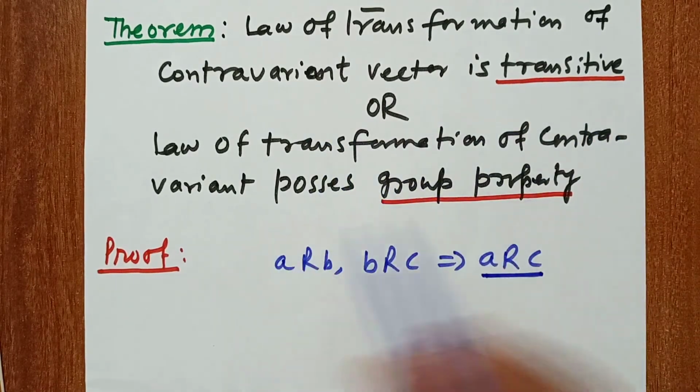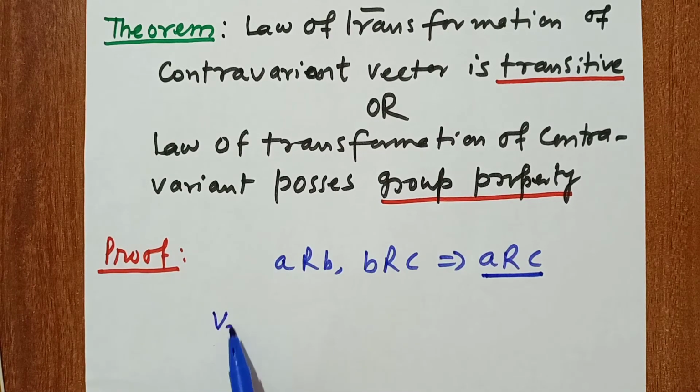contravariant transformation. Let us suppose this is Vn, an n-dimensional space with coordinates x1, x2, x3, up to xn, in other words xⁱ.